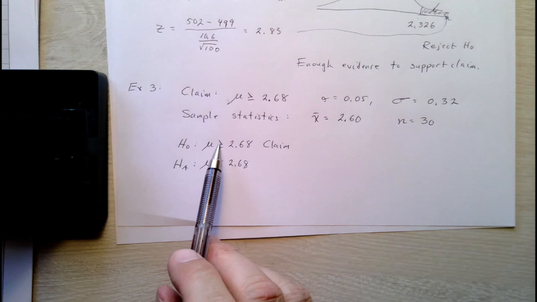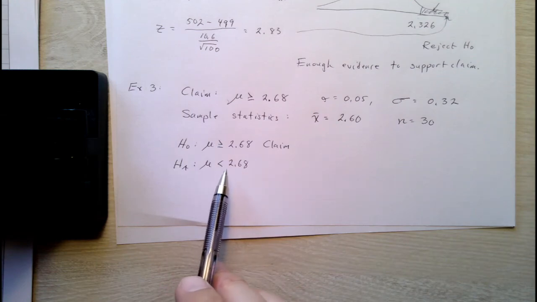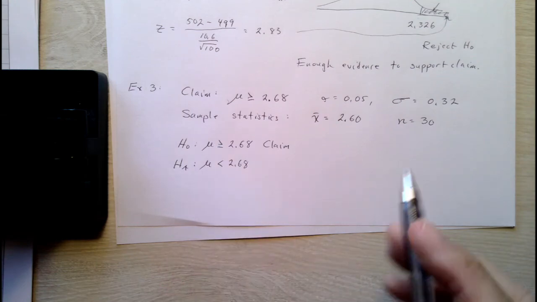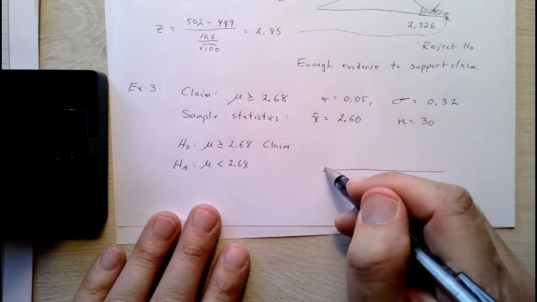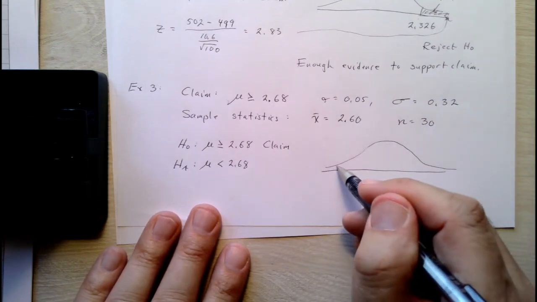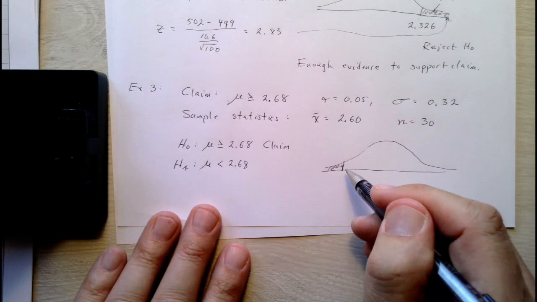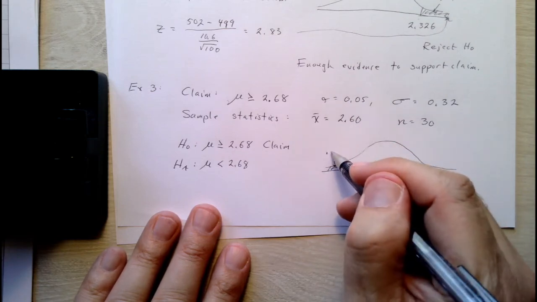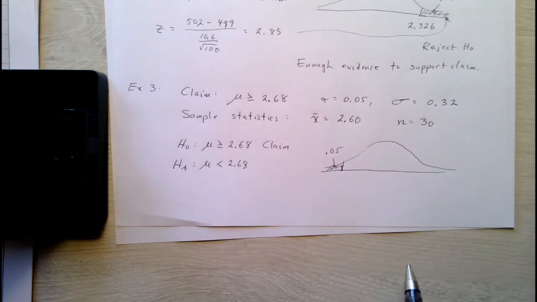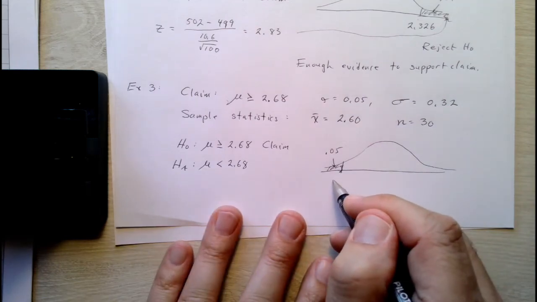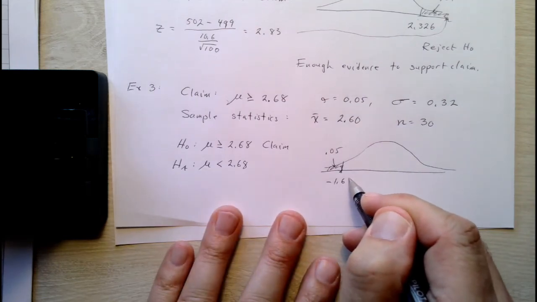We assume this to be true. Unlikely sample means would be less than 2.68. So now we're using a left-tailed test. And alpha is 0.05. We can take inverse norm of 0.05 and then we'll find that this critical value is negative 1.645.